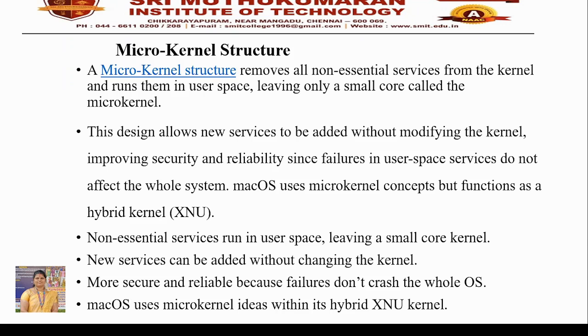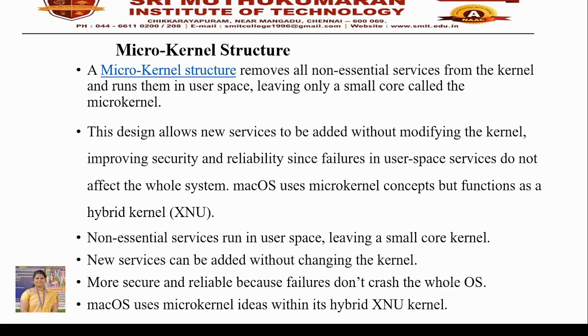So the microkernel structure. The microkernel structure removes all non-essential services from the kernel and runs them in user space, leaving only a small core called the microkernel. This allows new services to be added without modifying the kernel, improving security and reliability, since failures in user space services do not affect the whole system.